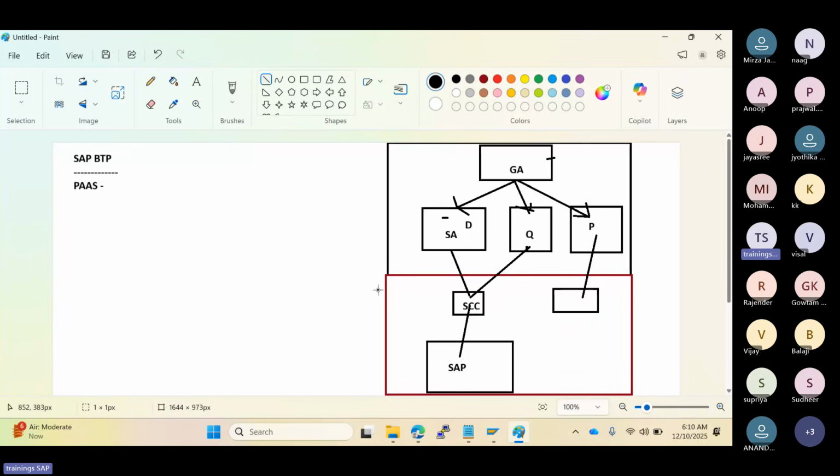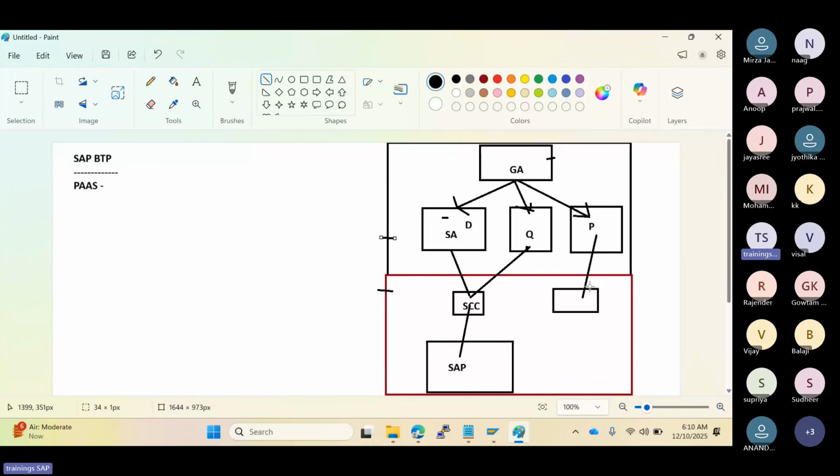This is entirely our customer network, the customer landscape. This is the BTP landscape. Why are cloud connectors required? At a high level, the BTP cloud applications can talk to the on-premises systems via cloud connectors only. So the cloud connector plays a very important role here.